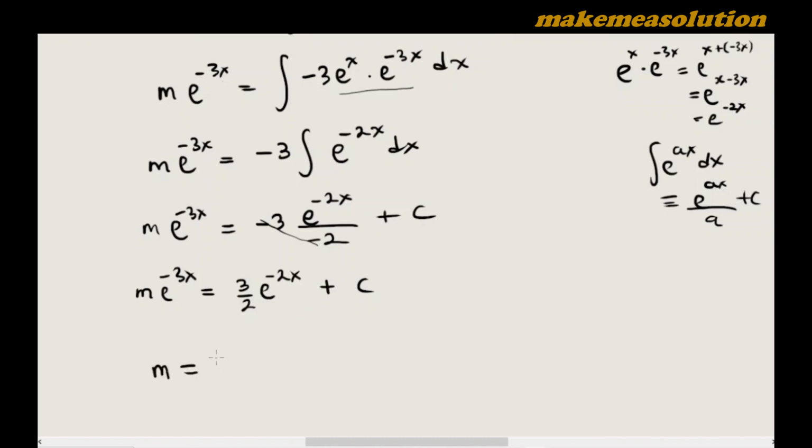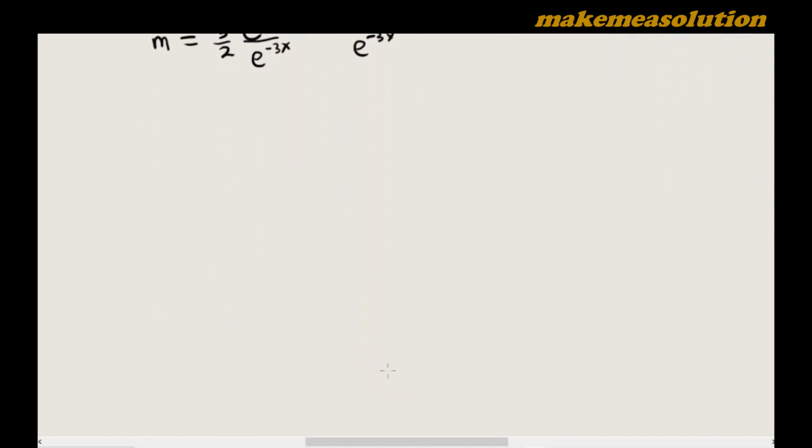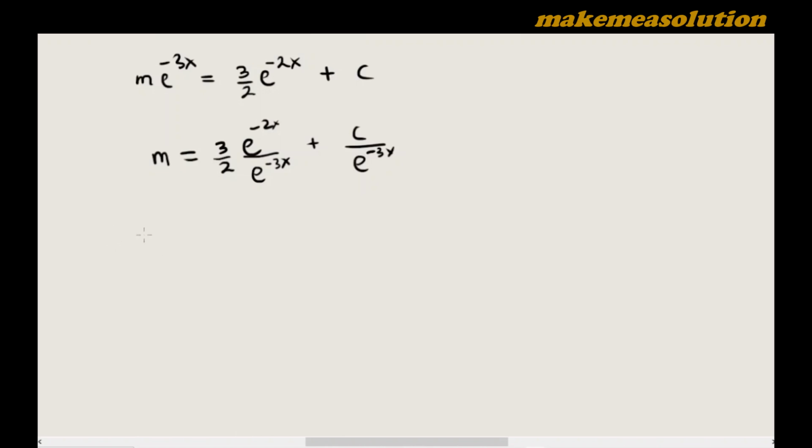M is equal to 3 over 2 exponential minus 2x divided by exponential minus 3x plus c over exponential what? Minus 3x. So this now becomes m is equal to 3 over 2 exponential x.